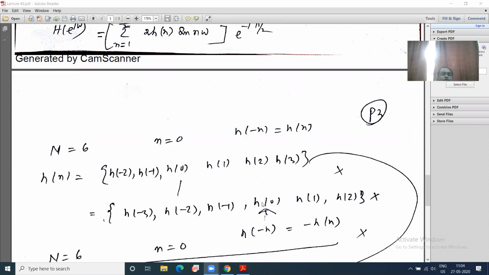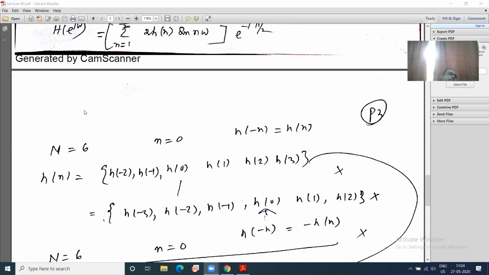Now with respect to the origin, here it is 2, here it is 3, so you cannot have a symmetry. With respect to h0, here it is 3, here it is 2. Again this symmetry cannot be maintained. Therefore, for symmetry about the origin, you cannot distribute for even values of N.